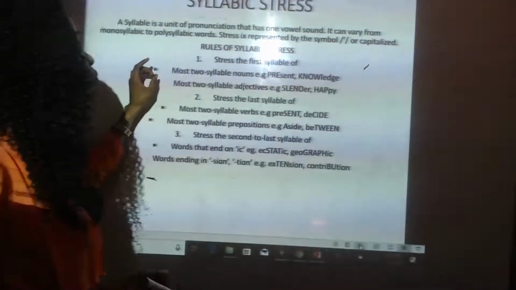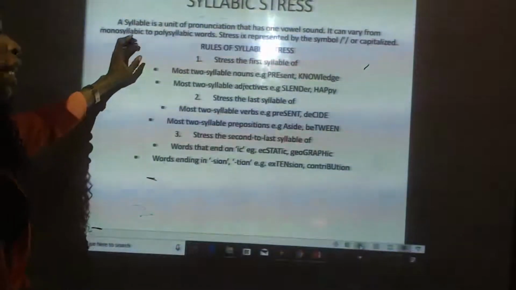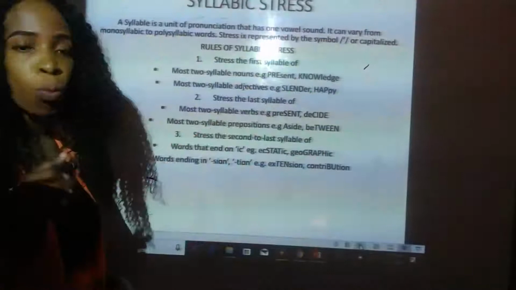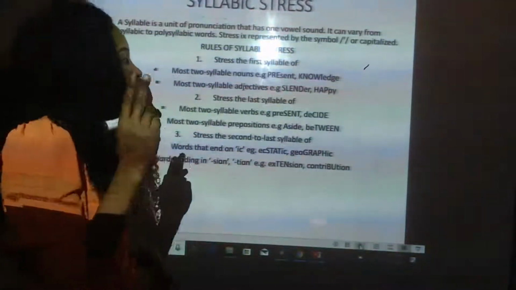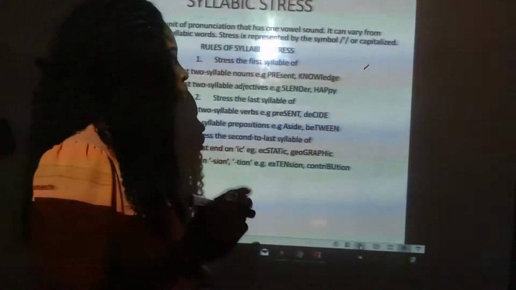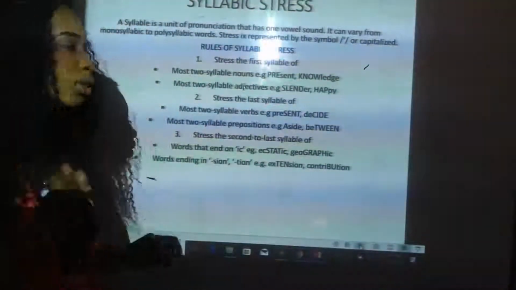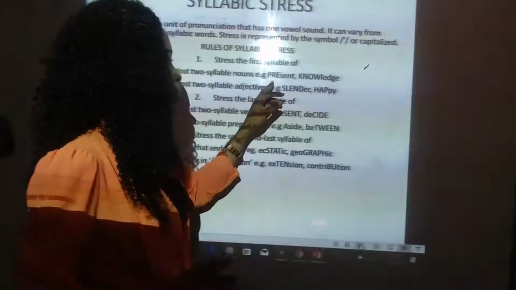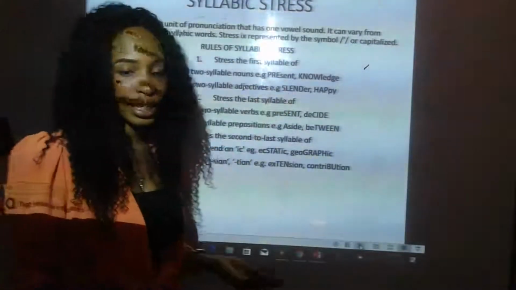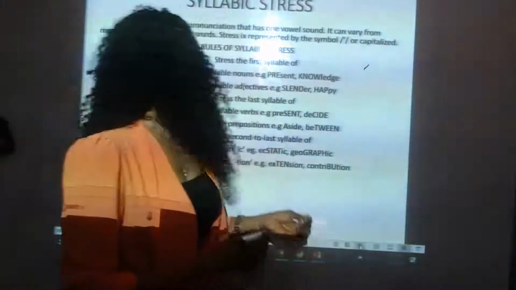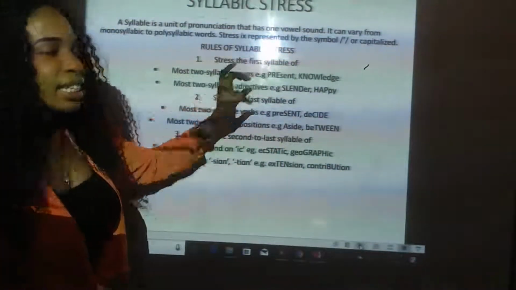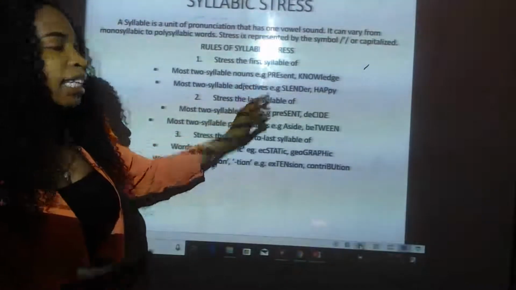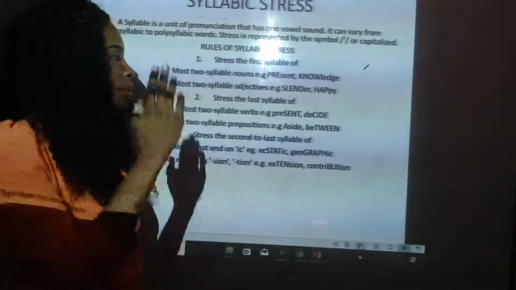The first rule for syllabic stress is to stress the first syllable of most 2 syllable nouns. Nouns that have 2 syllables, you stress the first part. For example, present, a present, that is a gift, right? You can see that it is a noun, it's the name of something you give to somebody, and it has 2 syllables.